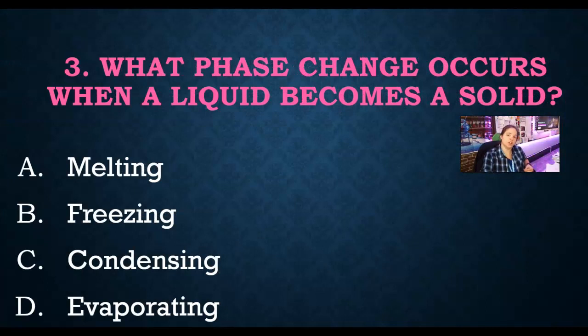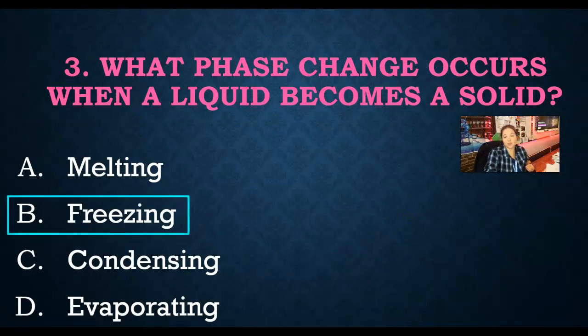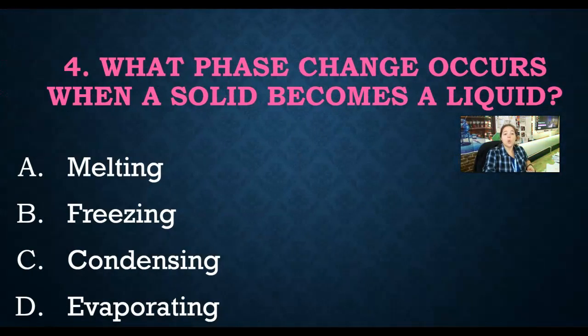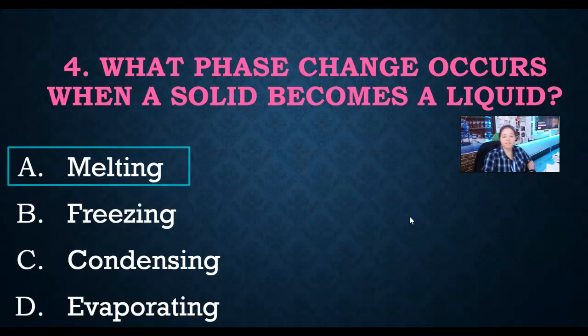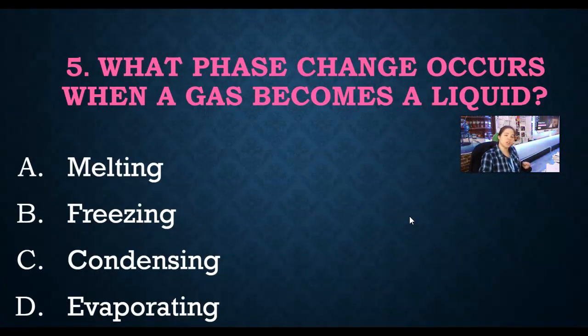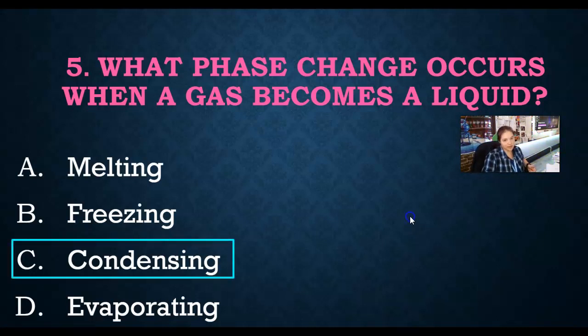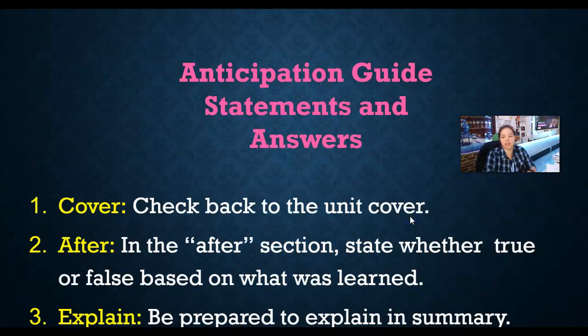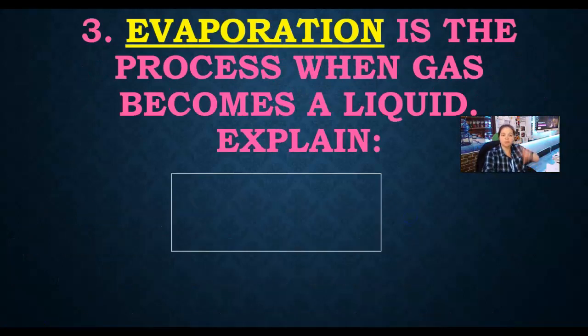What phase change occurs when a liquid becomes a solid? This is freezing. What phase change occurs when a solid becomes a liquid? This is melting. And last but not least, what phase change occurs when a gas becomes a liquid? This is condensing.